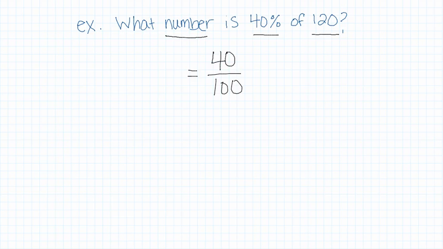We need to find what number is 40% of 120. So 120 is going to be our whole down here, and we need to figure out what is our part. So we have our part, we have our whole, and we have our percent.